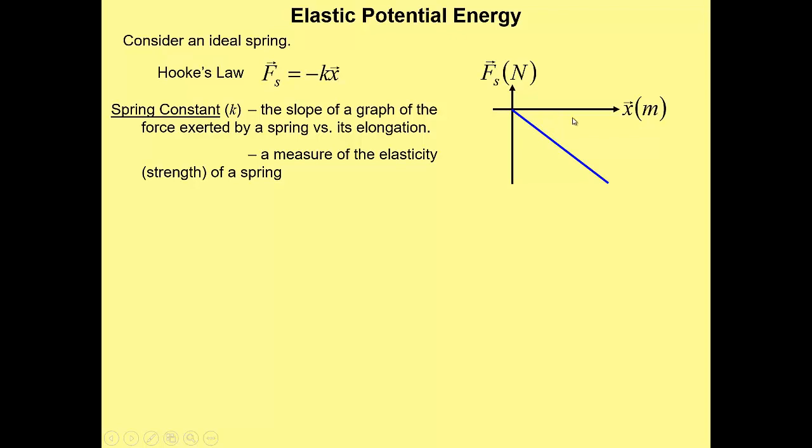There's another property of graphs that we used when we did motion graphs that comes into play here with energy graphs as well. And that is the area under the curve. Do you see that as the elongation gets bigger, the area under the curve also gets bigger? So perhaps we could define the elastic potential energy to be that.